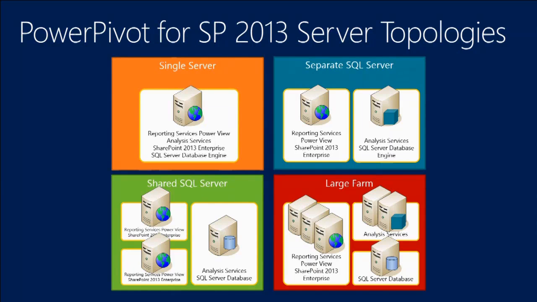So, the typical topologies that we have is a single server environment. If you want to demo something to somebody, there you go, 1 server, everything can be on it. I would not recommend that even for demos. As you can see, my own environment consists of multiple servers, simply because all these technologies are very hungry for memory. AS can only load as many workbooks as you can stick into memory.